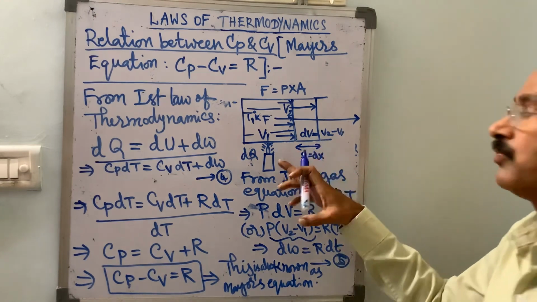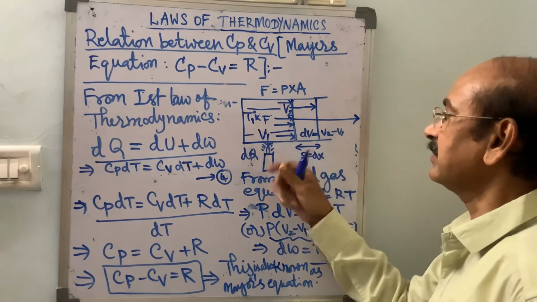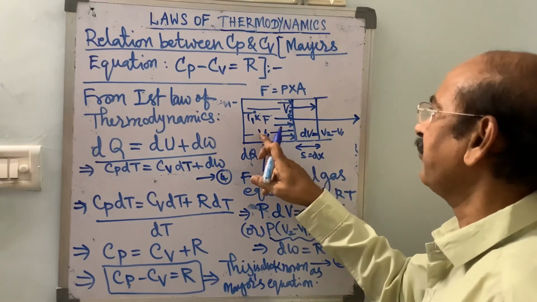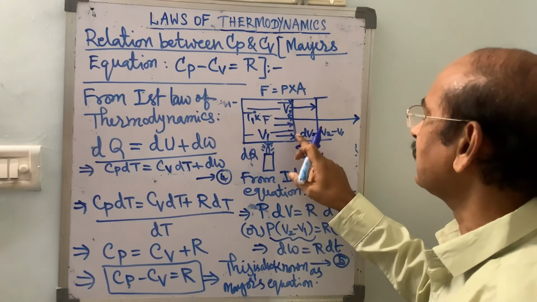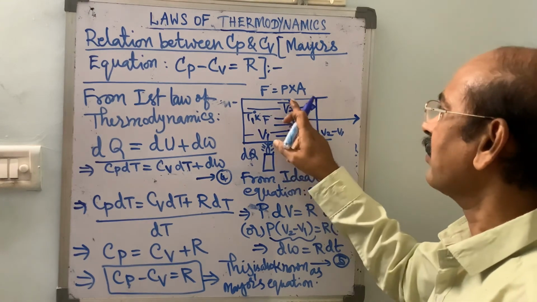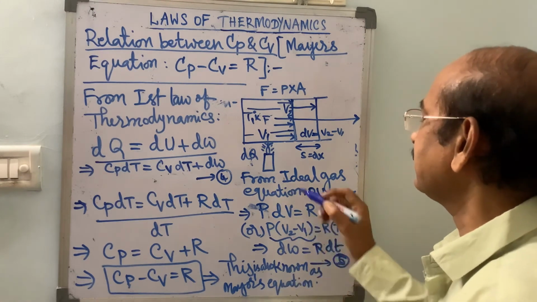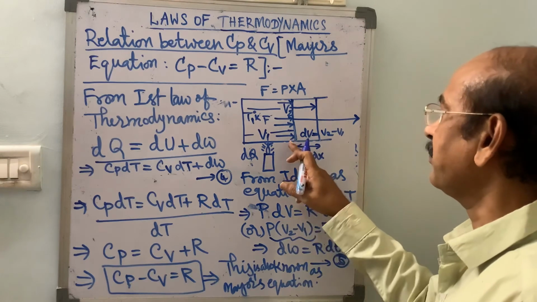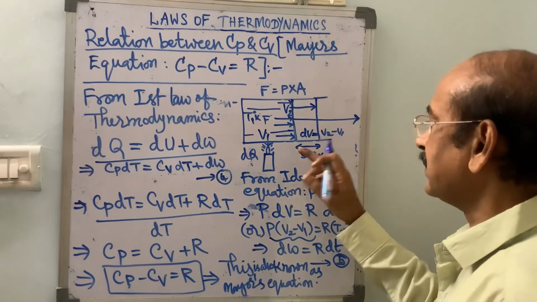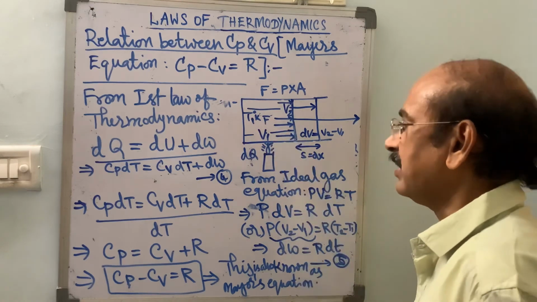So here we consider 1 gram molecule of gas which has volume V1 at initial temperature T1 Kelvin, enclosed in a non-conducting vessel. When some energy is supplied at constant pressure, let us first assume that its temperature increases by 1 degree Kelvin.